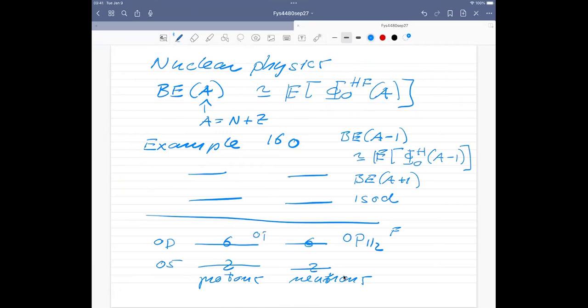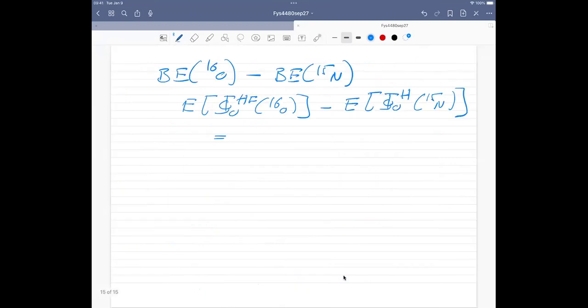This is the last state you have filled up. And since we are removing a proton, this is going to be, in a Hartree-Fock sense, the single particle energy for a proton in the P1/2 state. I'm putting not Hartree-Fock here, but protons. So this is a proton state.